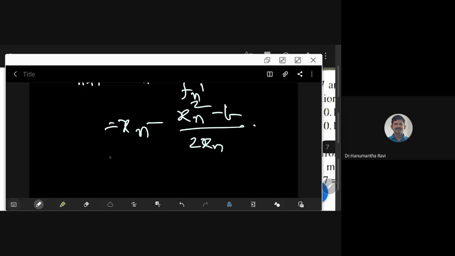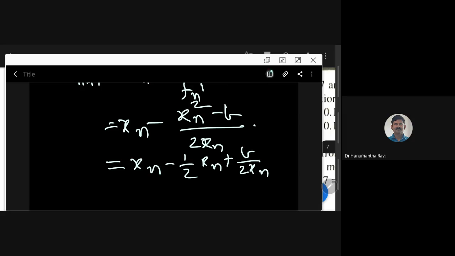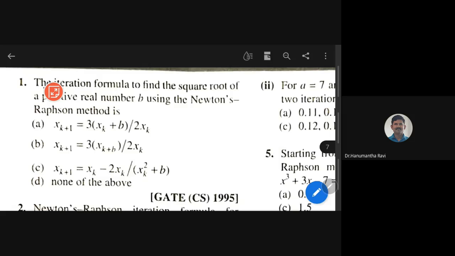So this can further be simplified as xn minus 1 by 2 xn minus b by, I mean, this becomes b by 2 xn. Can that be simplified as this, as here? I think you cannot transform like that.